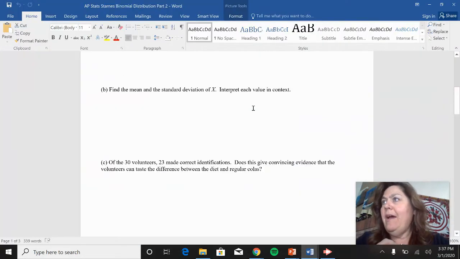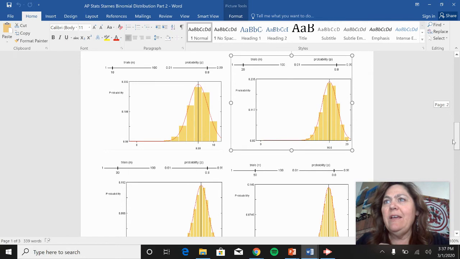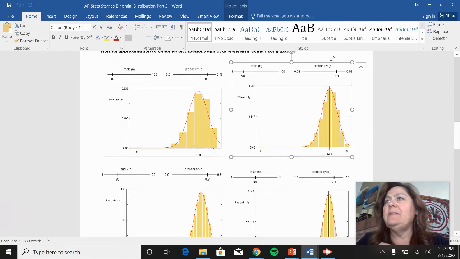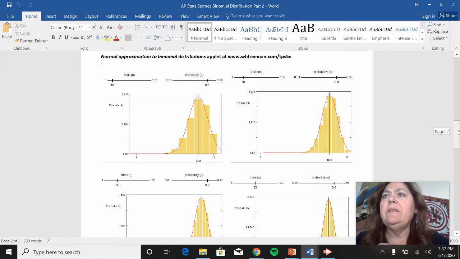Okay, welcome back after playing around with that app. Your worksheet shows you some things about what would happen in this situation. You notice it starts off with probability as 0.8 on the worksheet, and then just a small number of trials, 10. And we can see the data is skewed left.